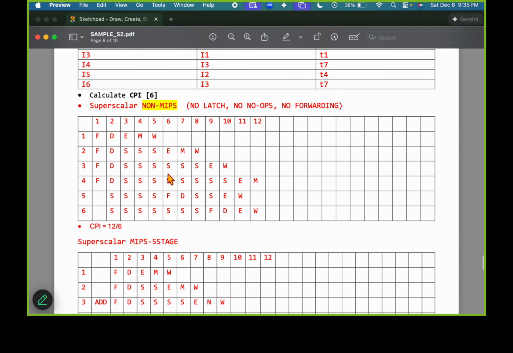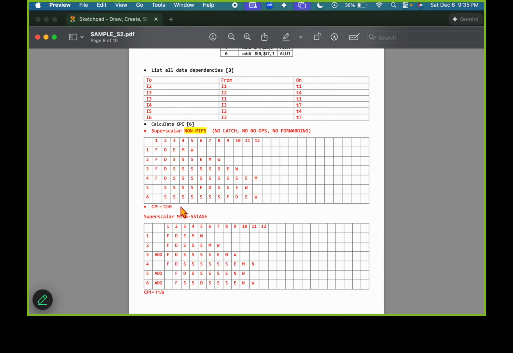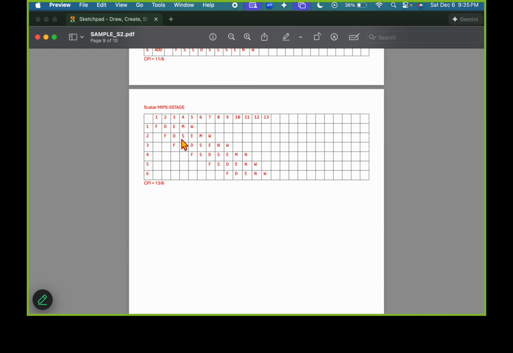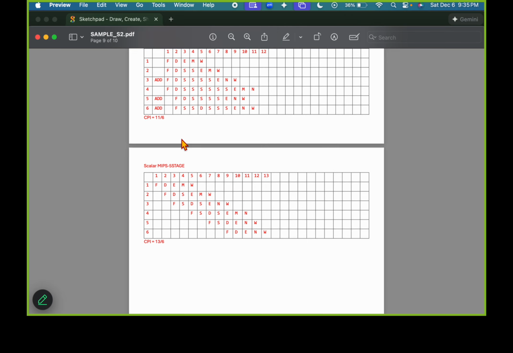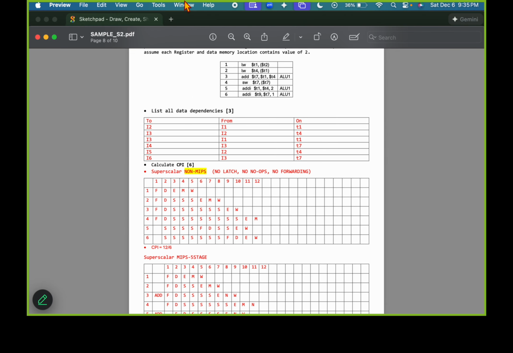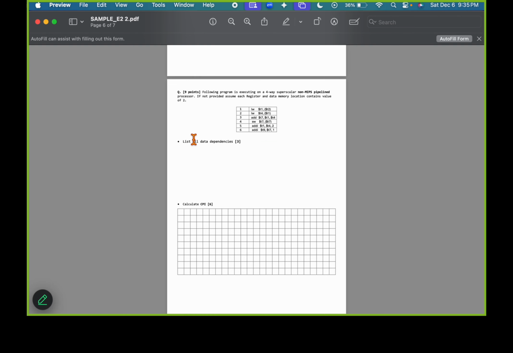So with that being said, let's practice. I think actually there's another, wait, no, that's different. Okay, oh, okay, that's it actually. Yeah, let's practice this real quick then. So the question itself is a 4-way superscalar non-MIPS pipelined processor.